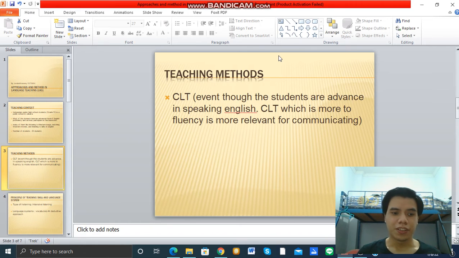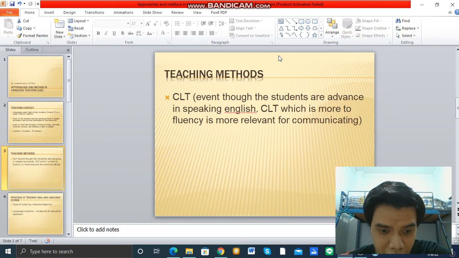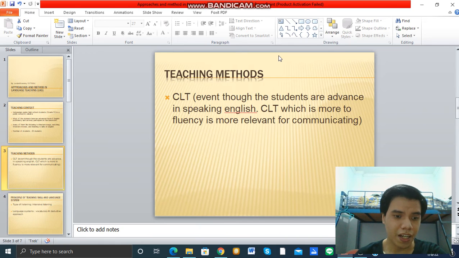Therefore, I choose CLT as the teaching method. CLT can be used for listening activity, and language learning is learning to communicate. And the goal for this teaching method is communicative competence.